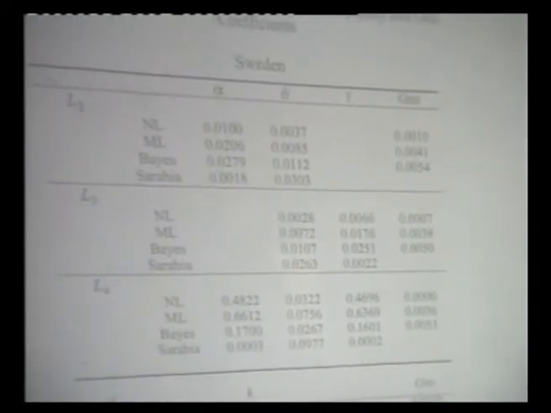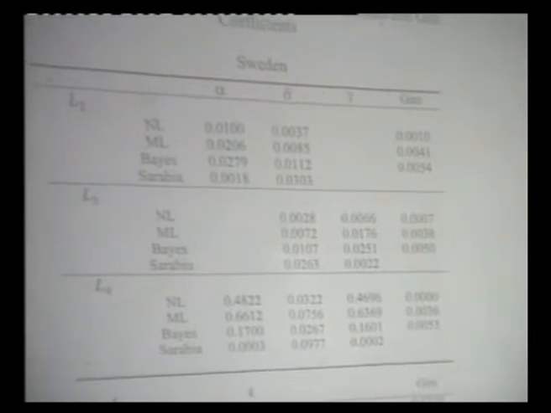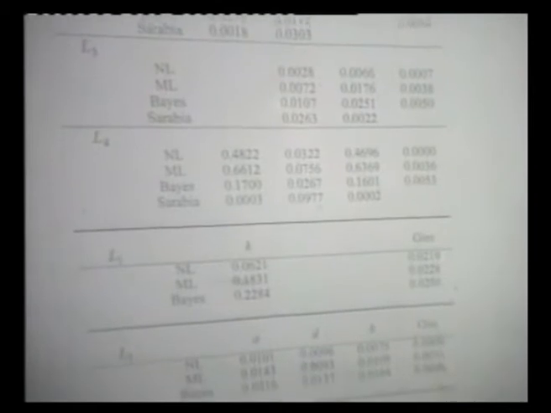The second thing is that these bootstrap standard errors of Sarabia et al. are much lower than anything else, and I didn't work them out for the Gini coefficient, but for the parameters, I guess they're not uniformly lower, are they? Here's one that's much bigger. Anyway, they're very different, and I did wonder about their validity.